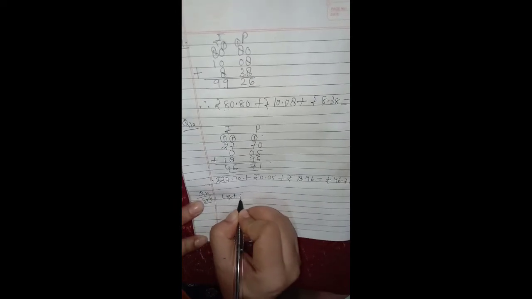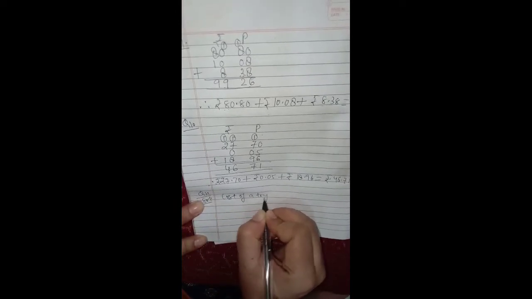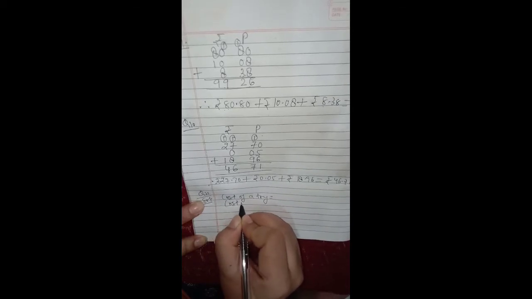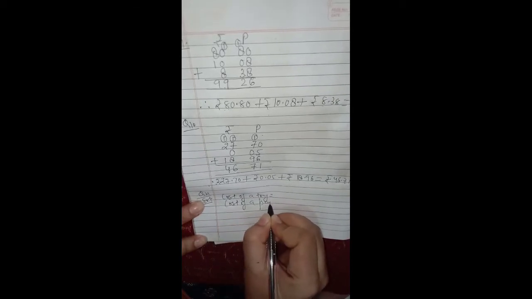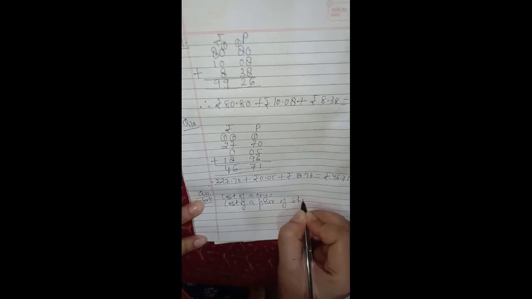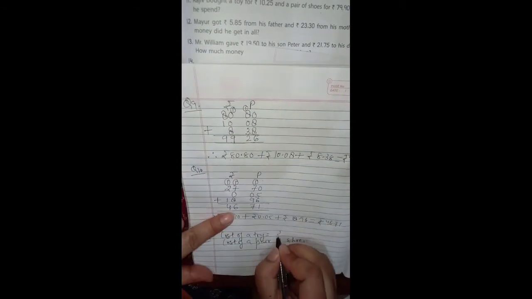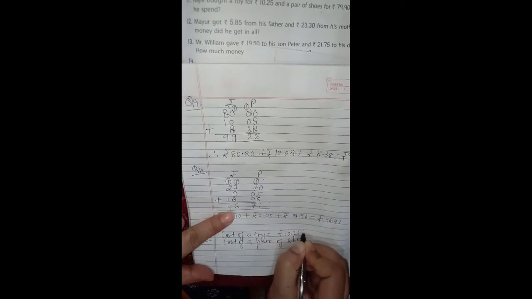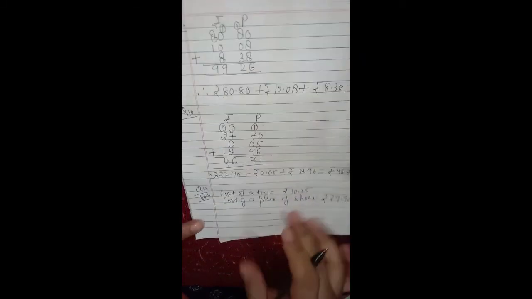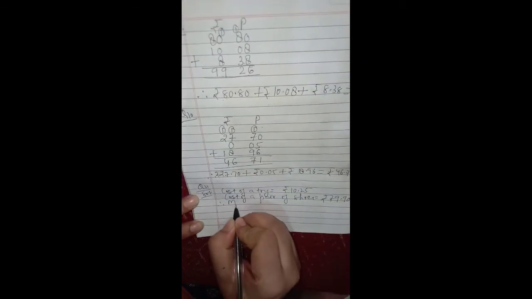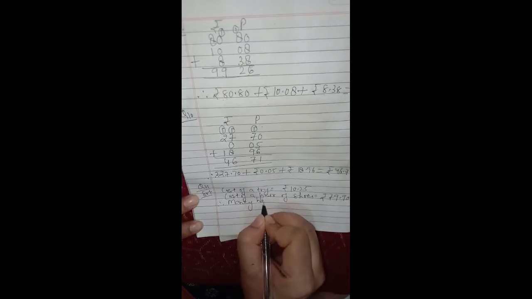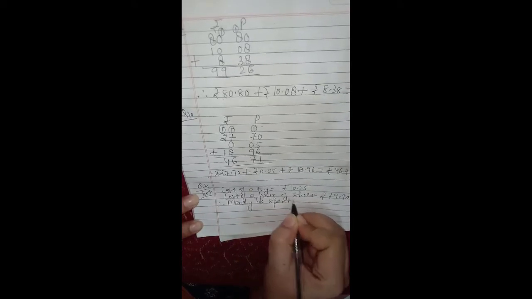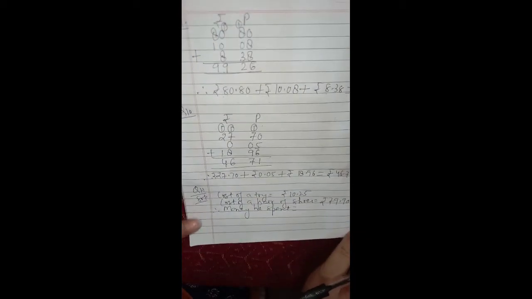So cost of a toy, then we will write cost of a pair of shoes. What is the cost of a toy? It is rupees 10.25. Then cost of a pair of shoes is rupees 79.90. Therefore money he spent. He means Rajiv.